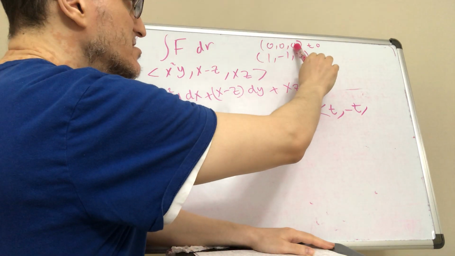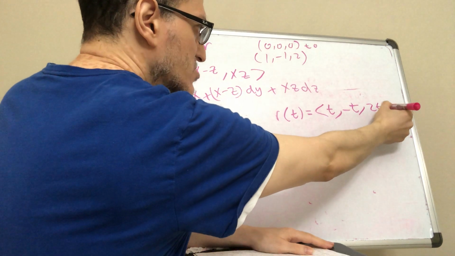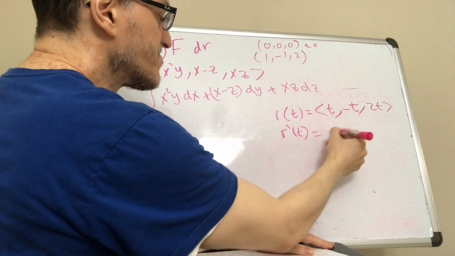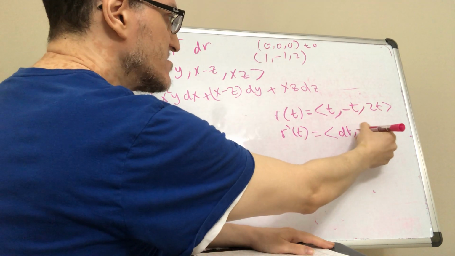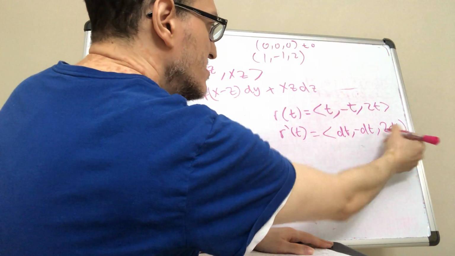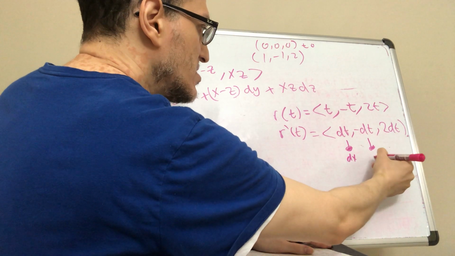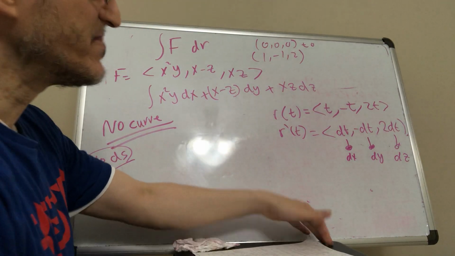You plug 0, you get 0. You plug 1, you get 2. So it must be 2t. I find the derivative. That's dt. That's minus dt. That's 2 dt. This would be equivalent to dx, this would be equivalent to dy, and this would be equivalent to dz.